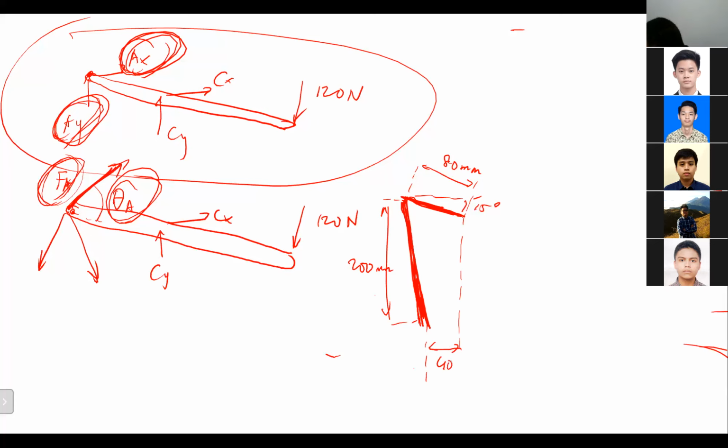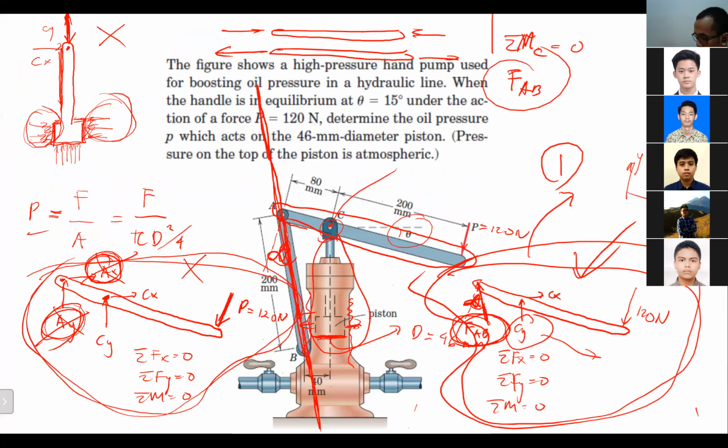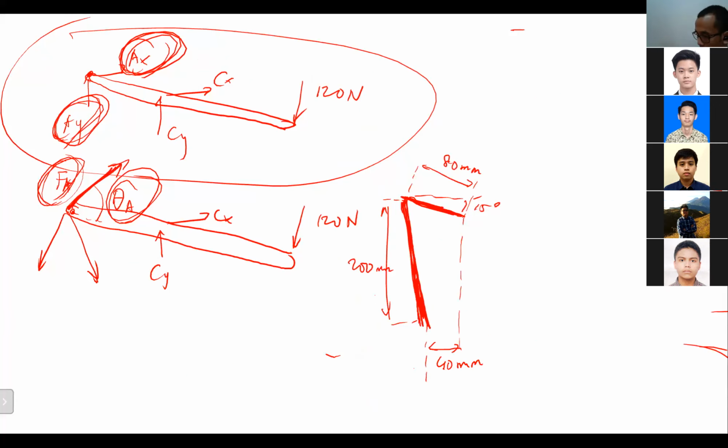Here is 40 millimeters. Is it the correct dimension? Yes, there's 40 there. The one that we need is this particular angle alpha.